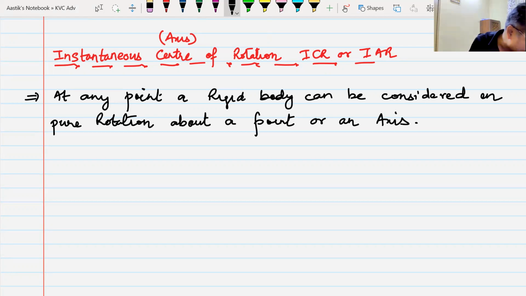This point or this axis is known as the instantaneous center of rotation or instantaneous axis of rotation. Do we understand this? Yes, sir.